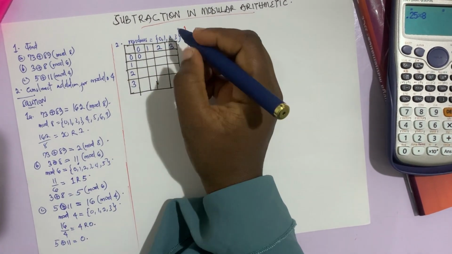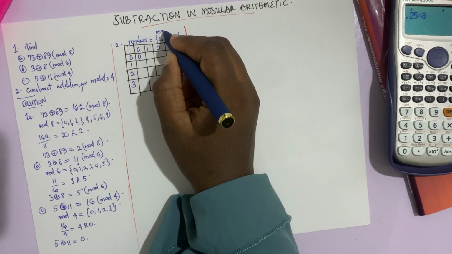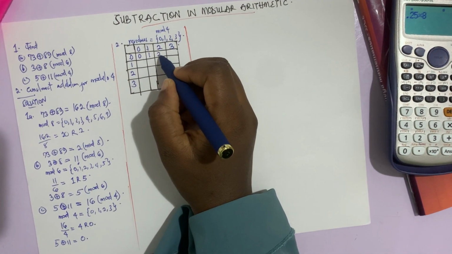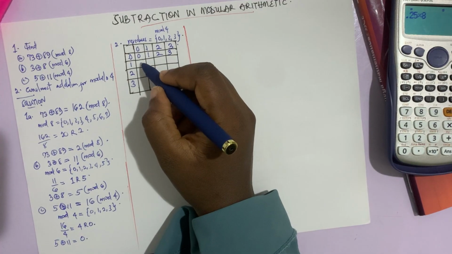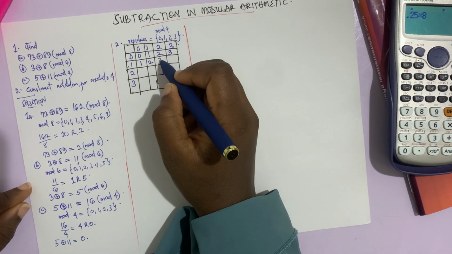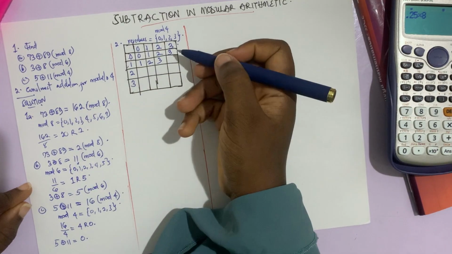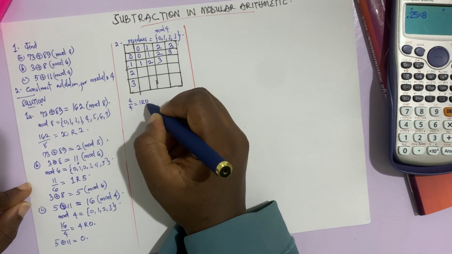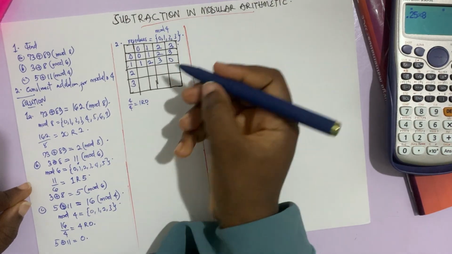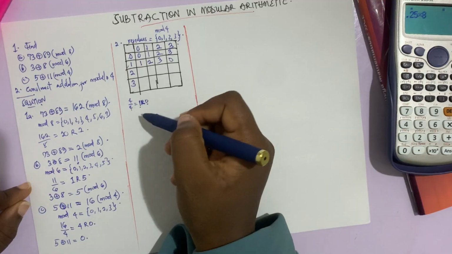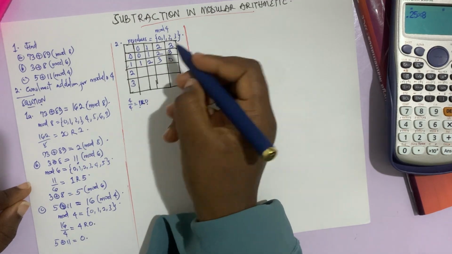Since it's a valid residue of modulus 4, we keep it: 0 plus 1, 1; 0 plus 2, 2; 0 plus 3, 3. 1 plus 0, 1. 1 plus 1, 2. 1 plus 2, 3. 1 plus 3, 4. So we do 4 divided by 4. That will give us 1 remainder 0, because 4 is not a valid residue, so we have to divide it by the modulus we are working with.